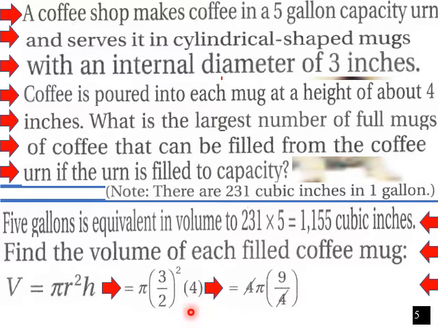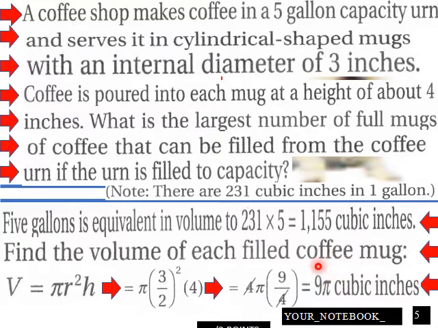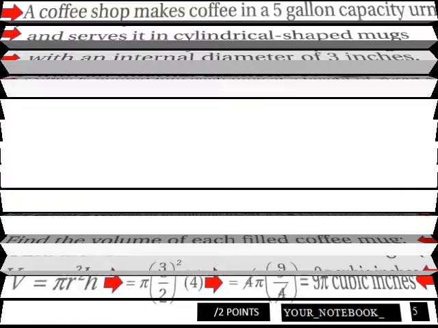When we multiply through, we get pi times 9 over 4 times 4. The 4 and the 4 cancel, so it'd be 9 pi cubic inches for the volume of each coffee mug. That would be how you figure the volume of a cylinder.